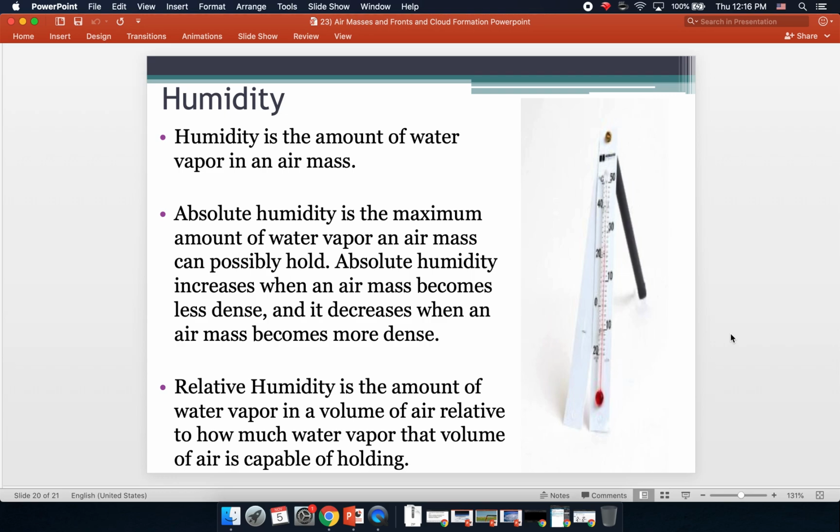I know it's a little bit hard to think about, but you're almost thinking of the air mass as a bucket that can change size. You're not adding water or taking away water, but the bucket is changing size. So how full the bucket is or isn't, that's the figure that's changing. The relative humidity is changing with the absolute humidity.